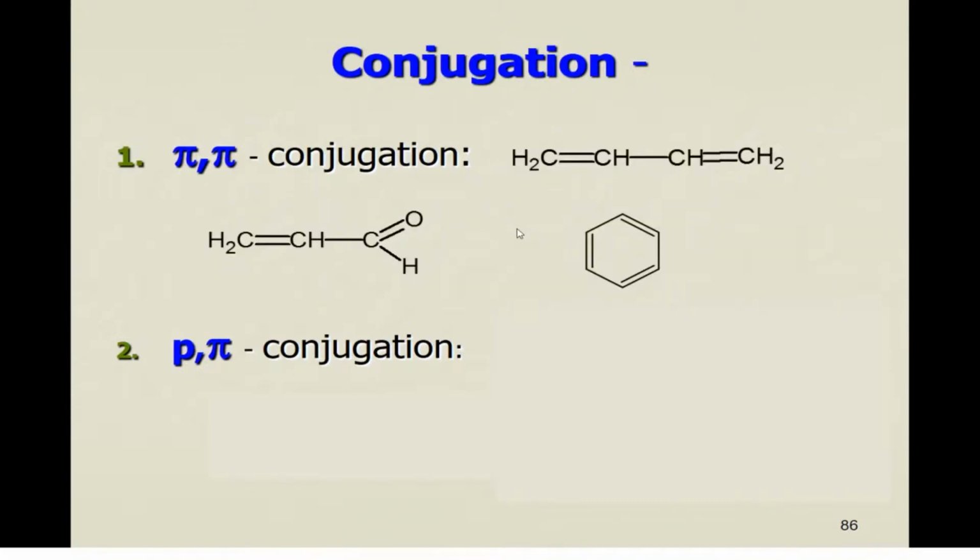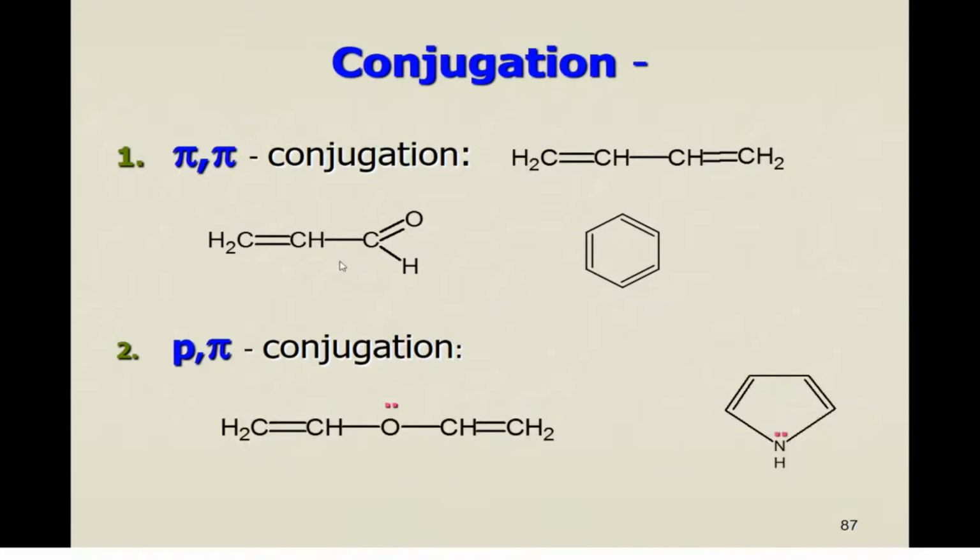So pi-pi conjugation, take a look. The classic benzene and buta-1,3-diene. Double, single, double, doesn't matter ring structure or aliphatic. Extra overlapping with the formation of a delocalized pi bond. And an unsaturated aldehyde, acrolein or propenal. So here double, single, double, doesn't matter that oxygen is there. Delocalization happens, here is the formation of such a delocalized pi bond as a result of pi-pi conjugation.